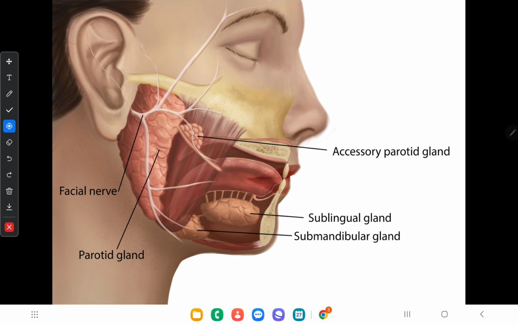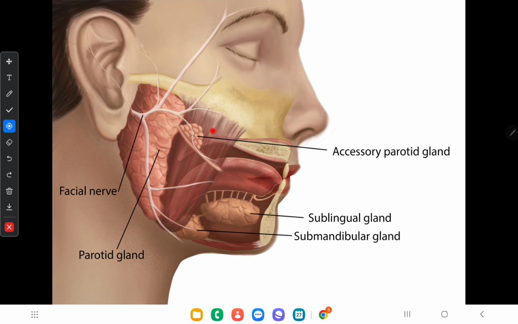When we talk about the parotid duct or Stenson's duct, it emerges from the anterior border. You can see in this picture as well, it emerges from the anterior border, and at the anterior margin of the masseter muscle. Here, this one is the masseter muscle.